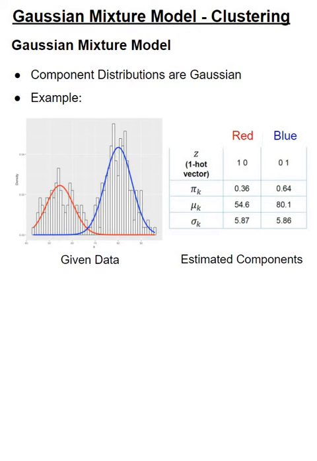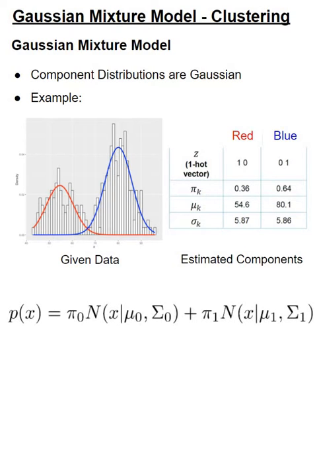Now let's write down the same in mathematical formulation and formalize some of our learnings. So P of x is the data that is given to us, and we are approximating it with a weighted sum of two normal distributions, or two Gaussian distributions, with their own means mu0 and mu1 respectively.